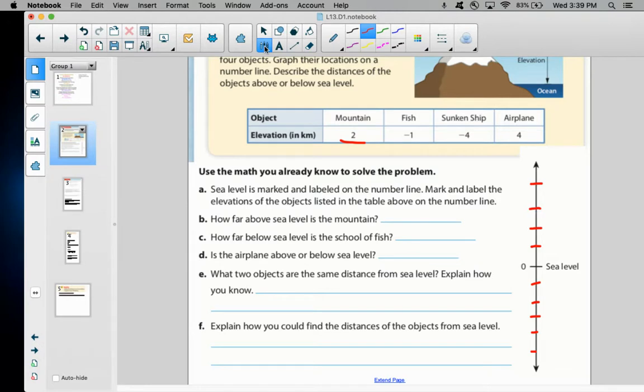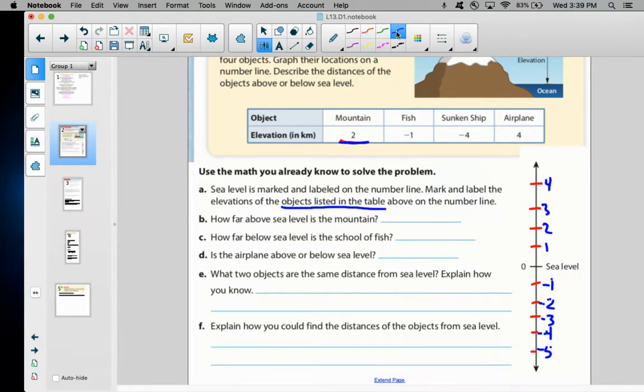And so I'm going to put my numbers on here as the objects are above sea level. I'm going to represent them with positive numbers. And as my numbers are going below sea level, I'm going to represent those as negative numbers. So I have my number line here. And now I have to mark where the objects are.